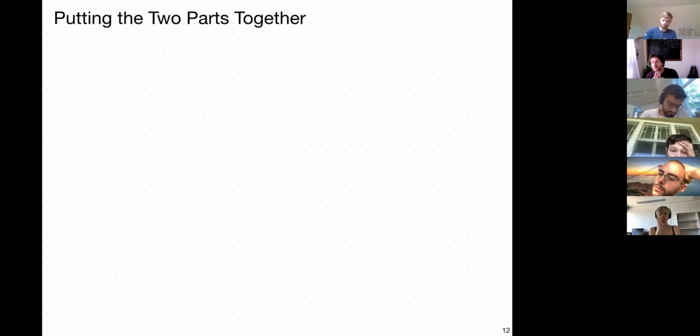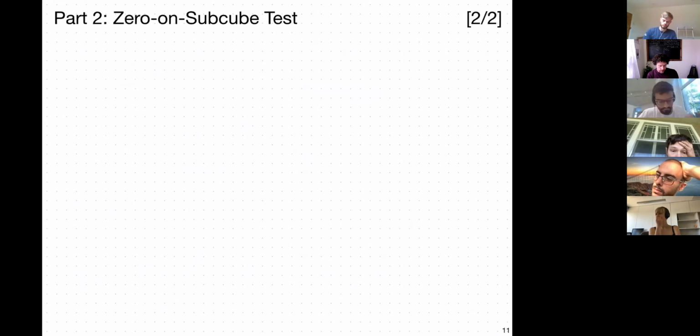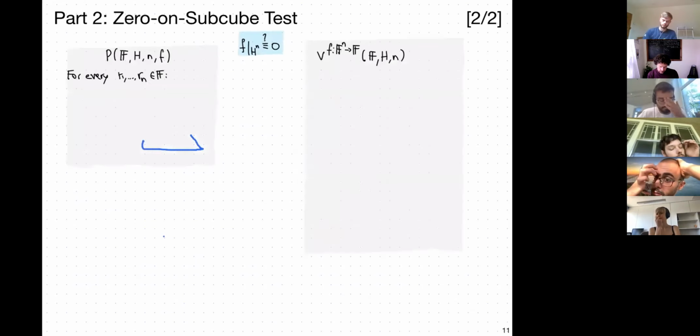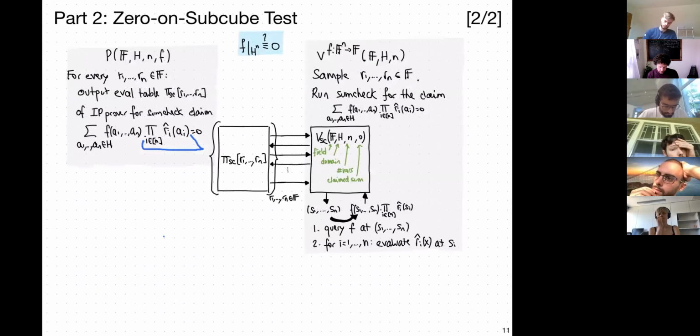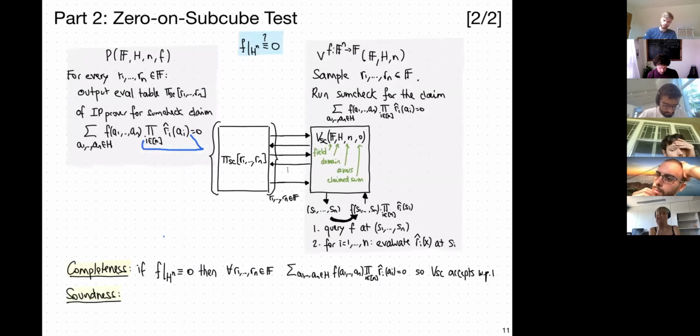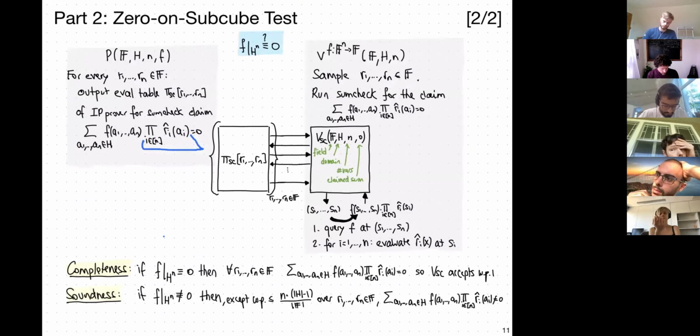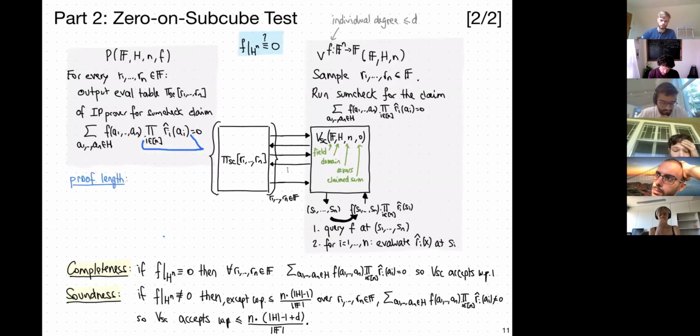In the sum check, we send these polynomials as coefficients, right? The univariate polynomials that the prover sends to the verifier are sent by coefficients. So inside this proof length, I think we have this f to the n too much. It doesn't matter in this case.